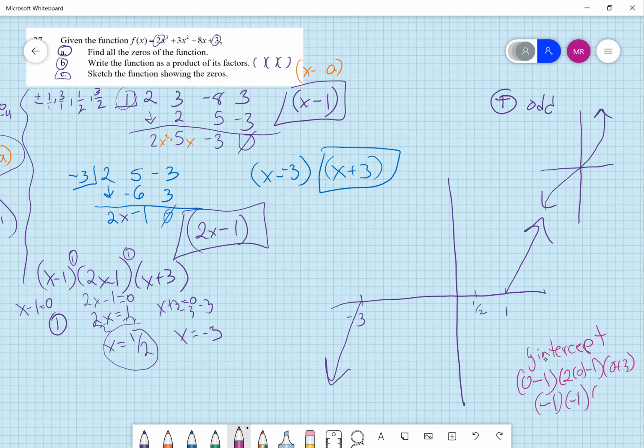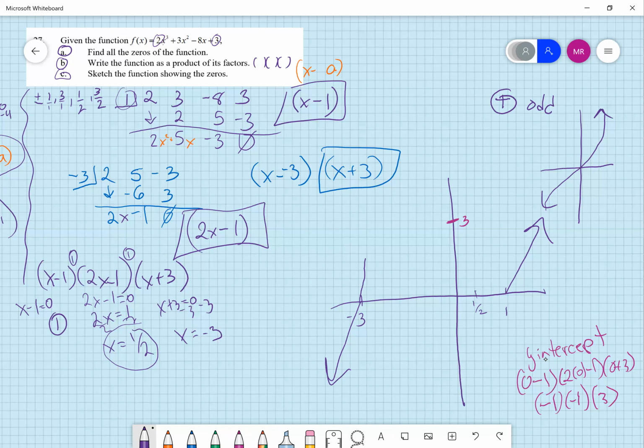And then 0 plus 3 is 3. Negative 1 times negative 1 is positive 1. And 1 times 3 is 3. So I know that it hits the y-axis at 3. And that's my y-intercept. And it crosses at each of these roots because of the odd multiplicity.